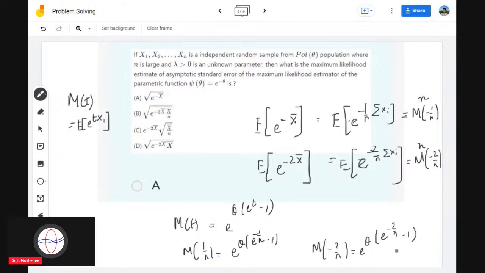As n tends to infinity, what happens? Whole to the power n is this. So you have just a limit now. Let's calculate one of them, then you can find the other. Let's calculate e to the power c by n minus 1 as n tends to infinity.